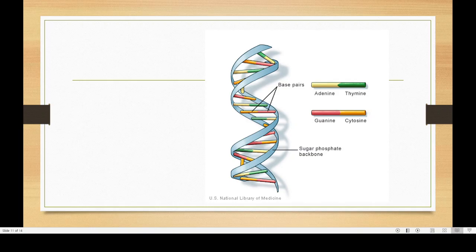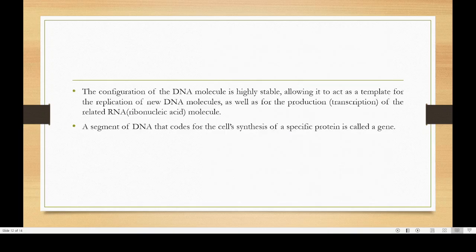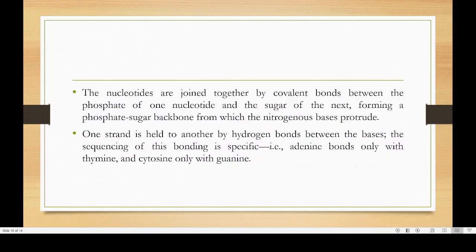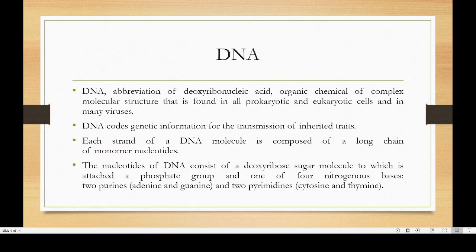So these are the different types of components present in a DNA molecule. So that is regarding the structure of a DNA molecule. DNA molecule consists of a sugar molecule, phosphate group and 4 nitrogen bases.